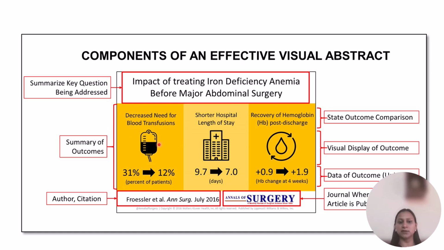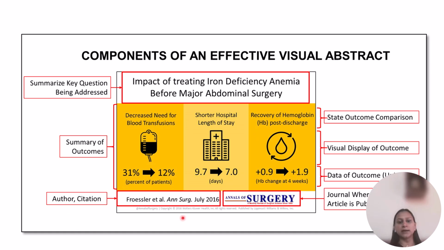So it has decreased the need for blood transfusion from 31% to 12%, shorter hospital length of stay from 9 days to 7 days, and recovery of hemoglobin post-discharge has increased from 0.9 to plus 1.9 over a period of 4 weeks.